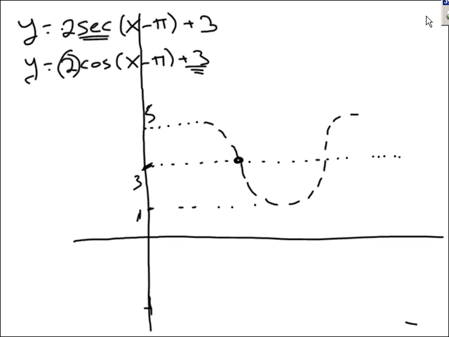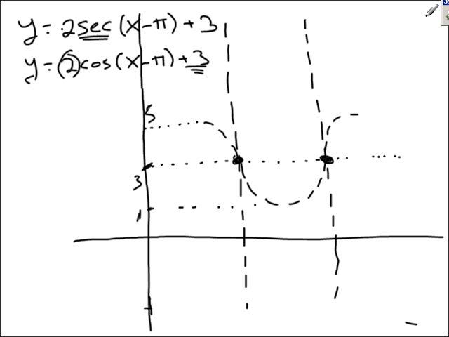It crosses here and here. That's utmost important. So, I draw my vertical asymptotes here. And I draw my vertical asymptotes here. And here is the cosine graph.